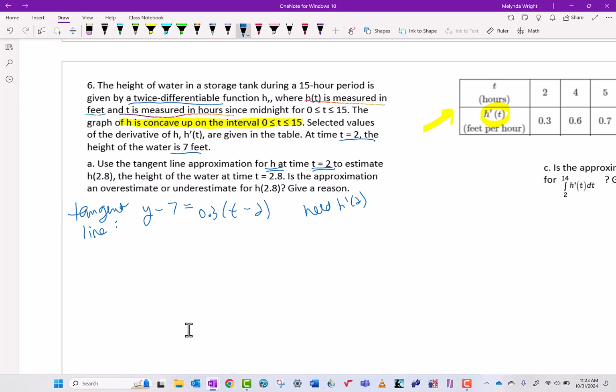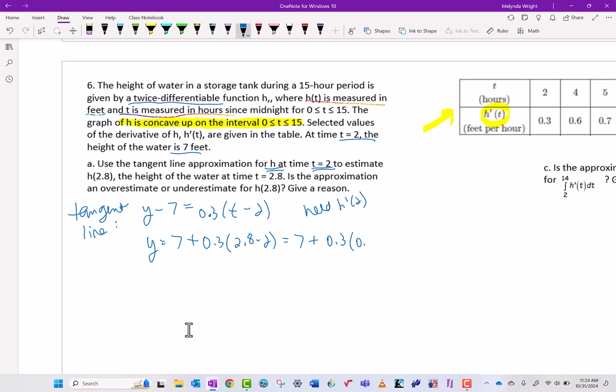So we use our tangent line to approximate h of 2.8. What does that mean? That means we're going to put the 2.8 in where the t is. So y equals 7, plus 0.3 times 2.8 minus 2, which would give us 7 plus 0.3 times 0.8.